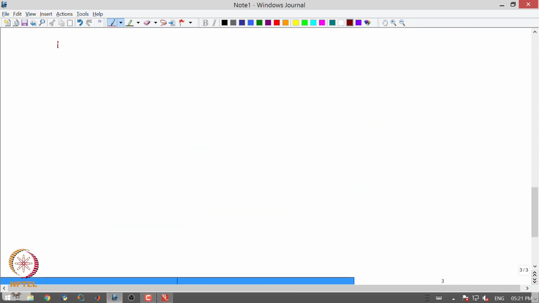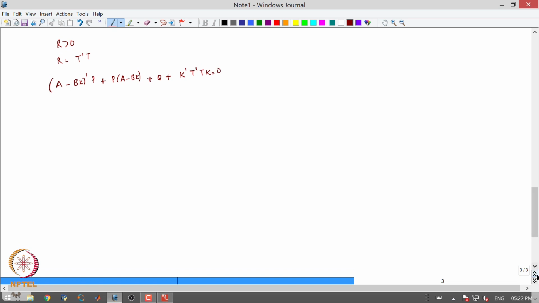Because R is greater than 0, one can always write R as T transpose T. Now again T is a non-singular matrix, and therefore I can write down my Lyapunov kind of equation, which is like this: (A minus BK) transpose P plus P (A minus BK) plus Q plus K transpose T transpose T K equal to 0.